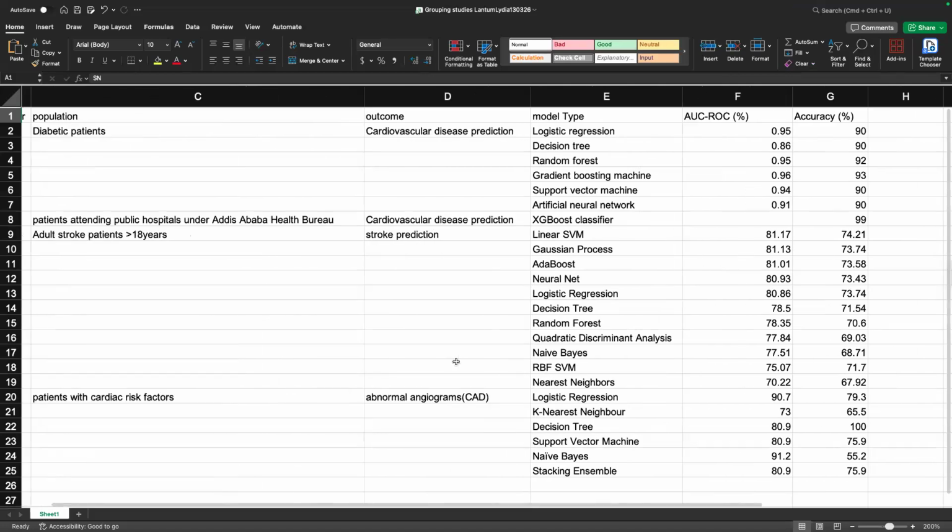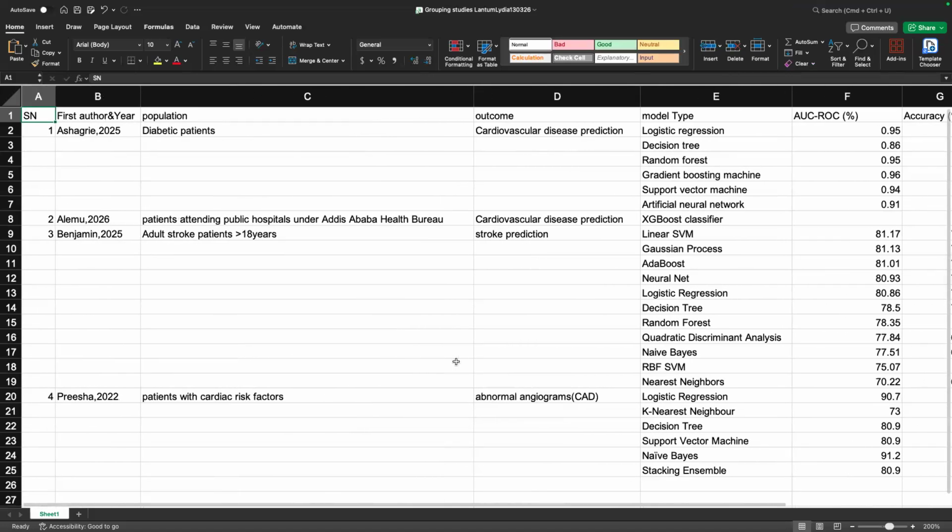Since there were 7 studies in total, the studies that actually assessed cardiovascular disease risk were these ones that I could identify. The population for the first study was diabetic patients. The other ones did not differentiate whether patients were cardiovascular or not. They just grouped all the patients together and separated them later. It was not a specific patient group.